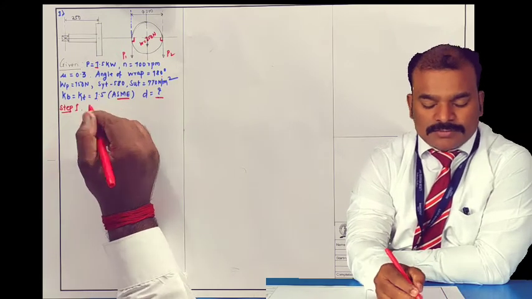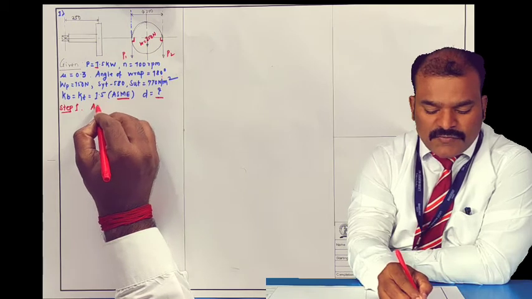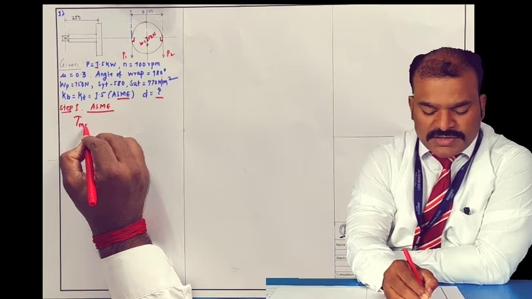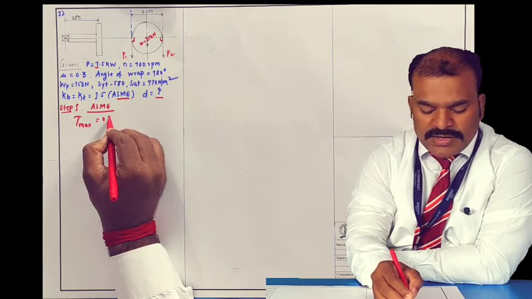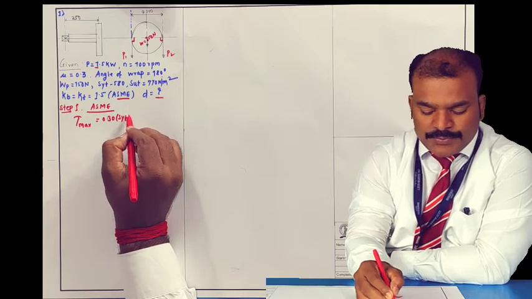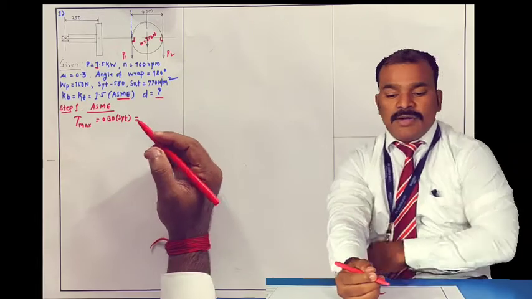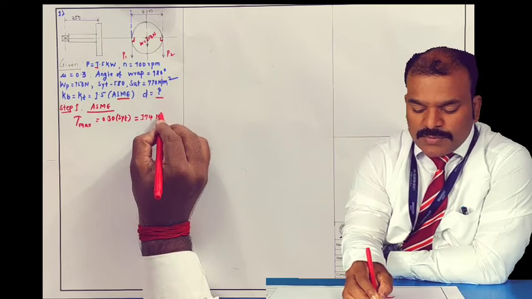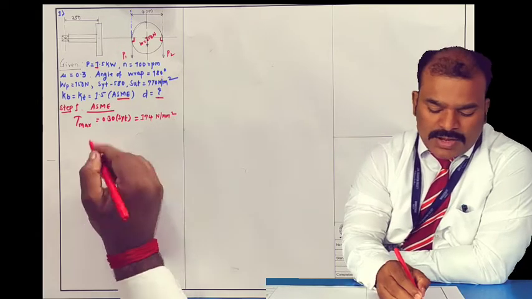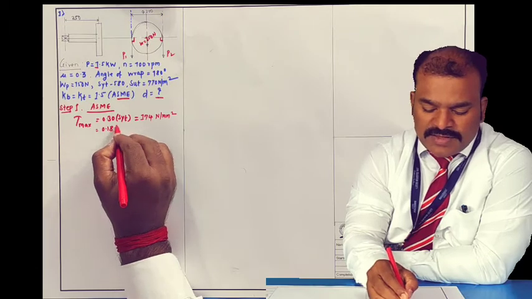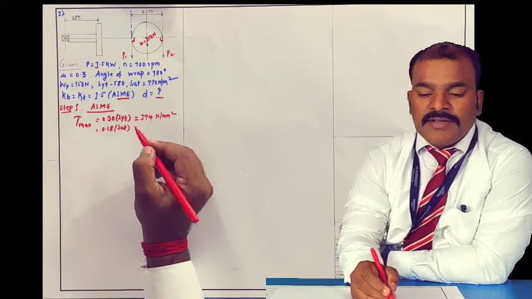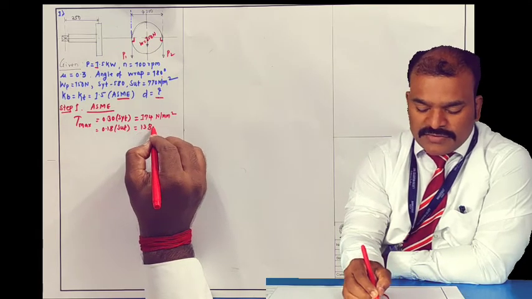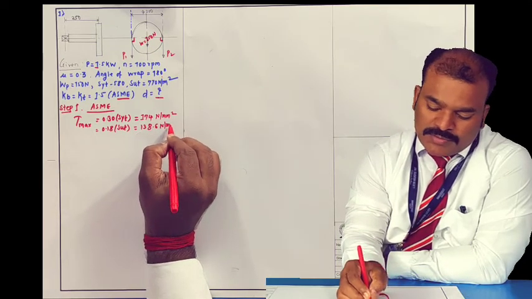calculate the ASME code. ASME code for shear stress: tau max is equal to 0.30 times SYT. How much? Just try to find out. 0.30 times SYT gives 174 Newton per mm square, and 0.18 times SUT gives 138.6 Newton per mm square.